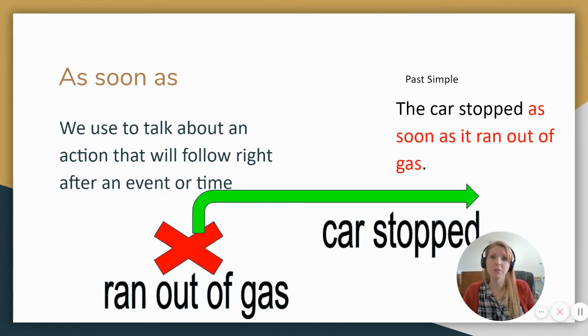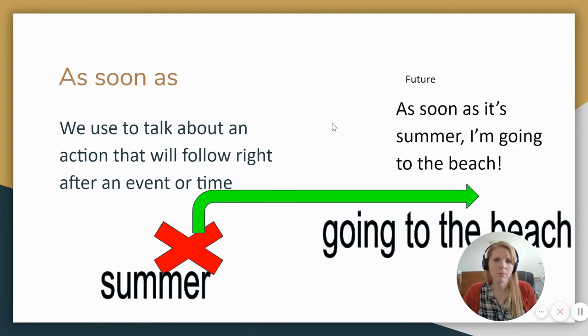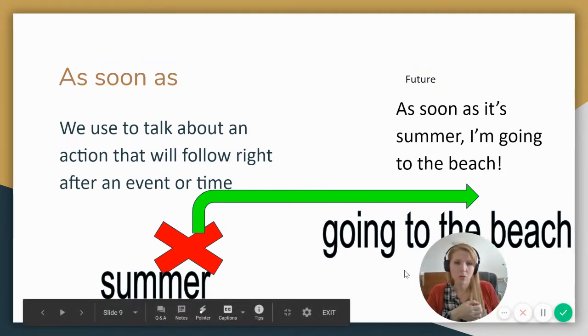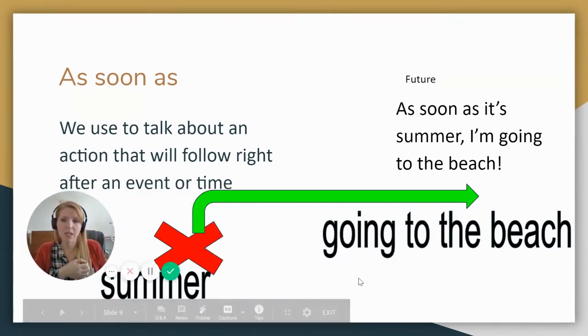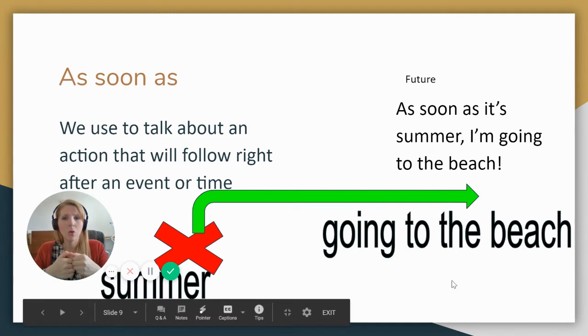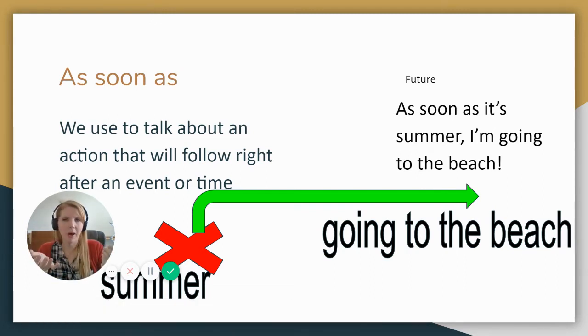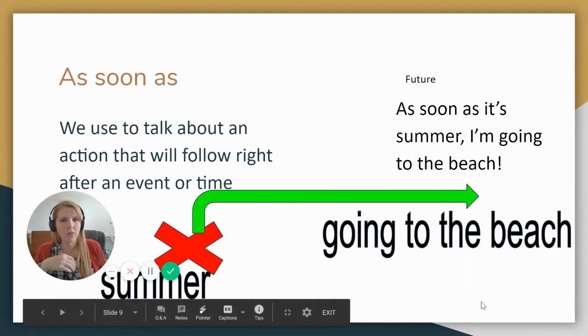Let's look at future. So here I used present continuous. So we can use present continuous, that am, is, or are, and then verb ing to talk about the future and right now. So let's look at this example with future. As soon as it's summer.